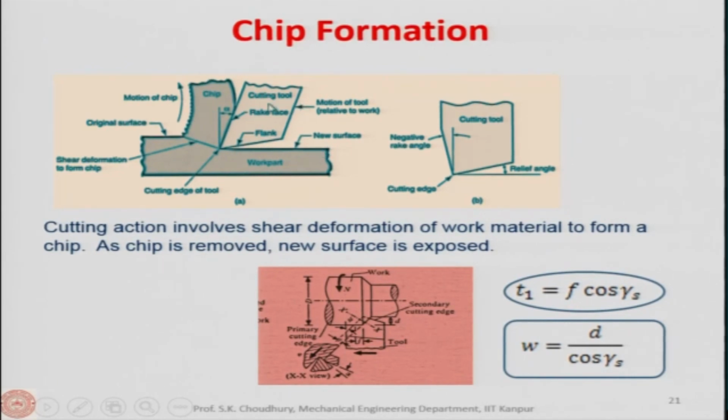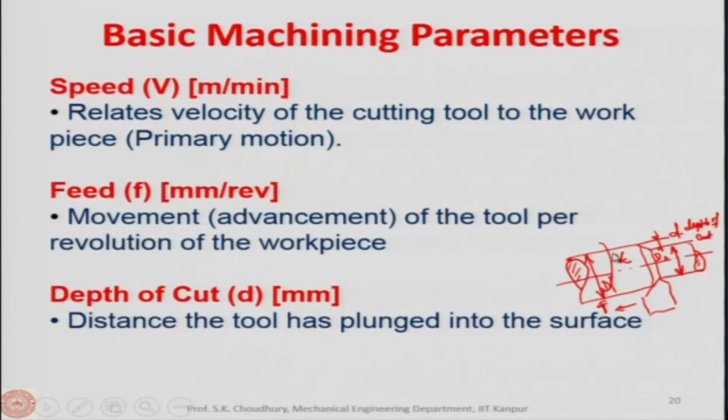This is how the tool is moved relative to workpiece. So, this is a feed direction. Now, this is the chip motion along the rake face of the tool, as I said, and here is the original surface. So, if you remember, we said that D1 and D2, here. So, this is the original surface and this is the newly generated surface.